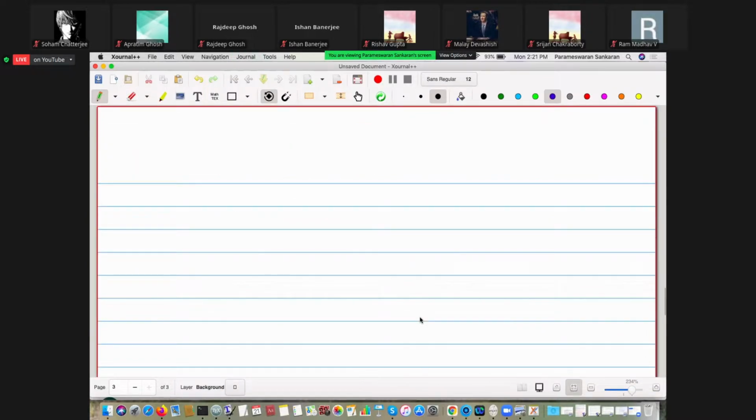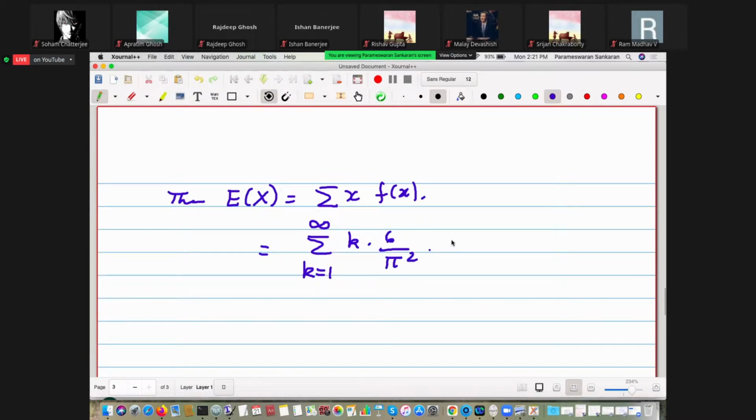Then what is the expectation? Expectation of x, you just write the formula, summation x f of x. The only values for which f of x is not equal to 0 are positive integers, so k going from 1 to infinity, k times 6 by pi square times 1 by k square.